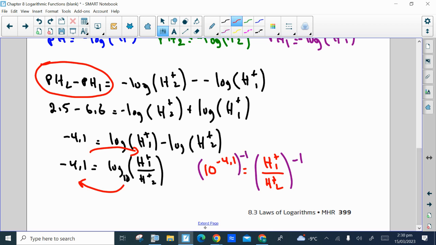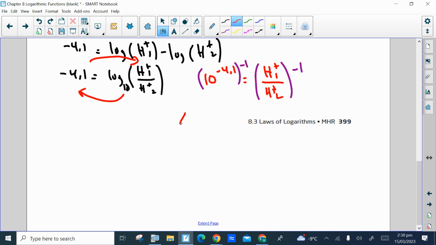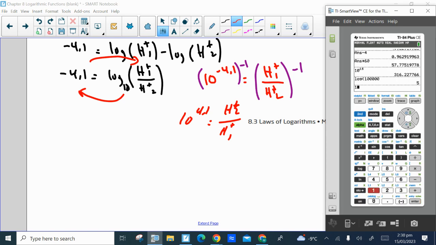And so that will now give us 10 to the power positive 4.1 equaling the ratio of H positive 2 over H positive 1. So our answer will be whatever 10 to the power 4.1 becomes.